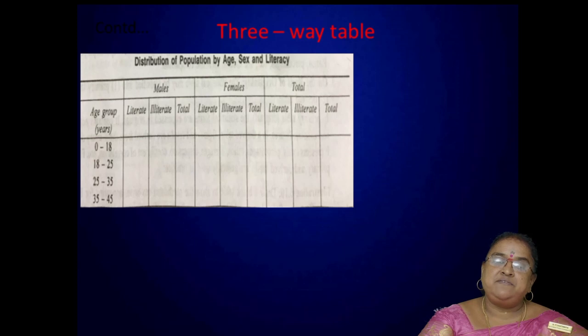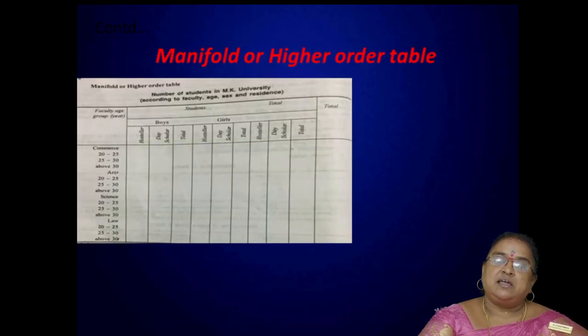This is a 3-way classification. Then manifold or higher order table. When we classify the table in more than 3 ways, it is called manifold. In this type, for example, the number of students in MK University according to faculty, age, sex and residence. So faculty, age group in commerce 20 to 25, 25 to 30, above 30.